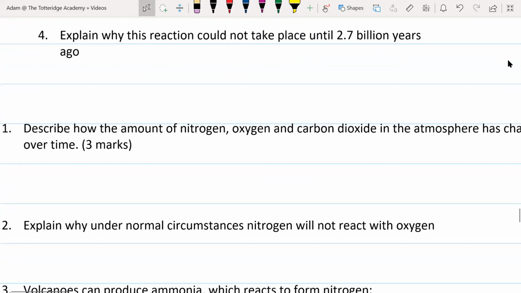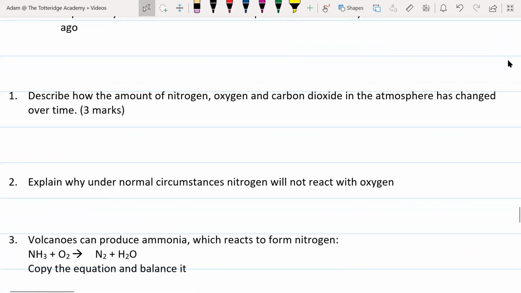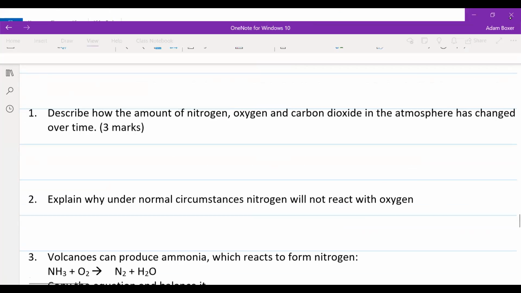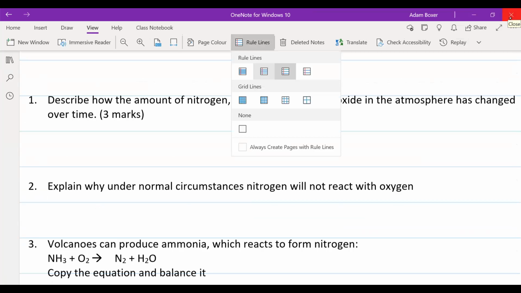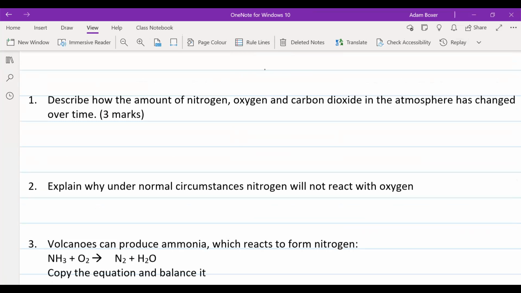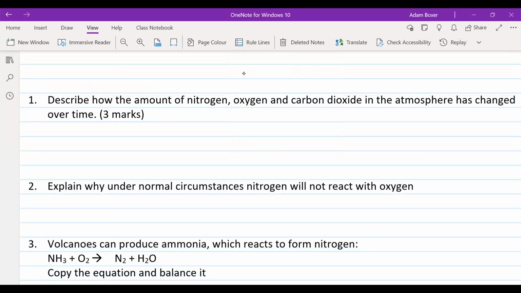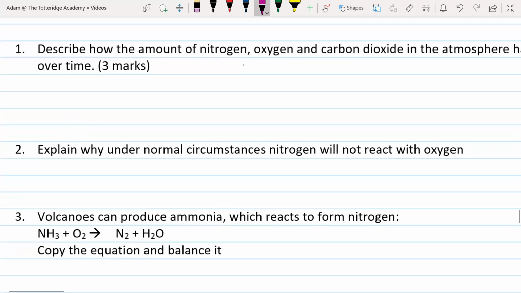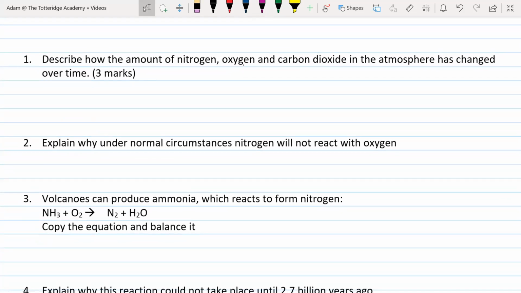Describe how the amount of nitrogen, oxygen, and carbon dioxide in the atmosphere has changed over time. Now, I'm just going to make the lines a bit smaller so it's easier for me to write. Okay, let's go with that. Right, so again, it's a describe question. So it's just a describe how. So we're not going to go crazy explaining each one.